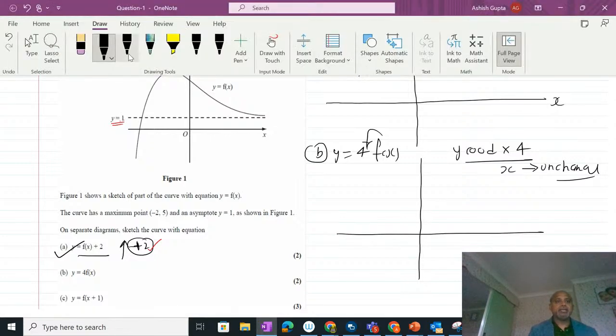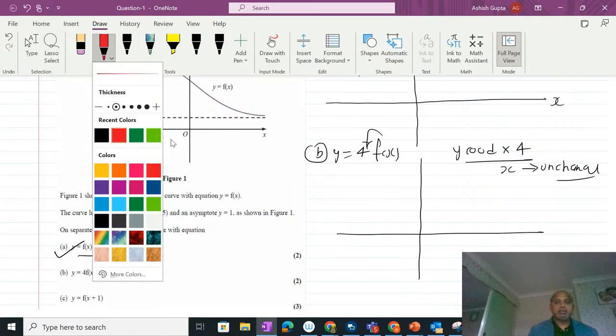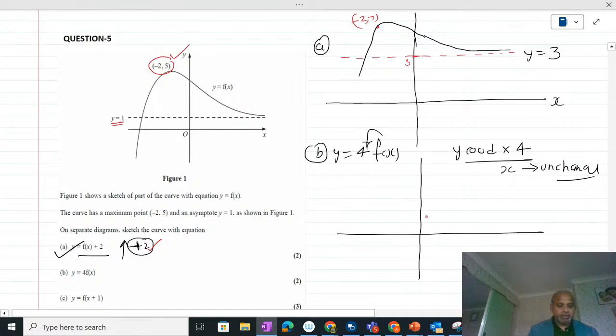This time, everything will remain the same. Now it is 4f(x), so the y coordinate is multiplied by 4. So it was 3. First you draw a line, the asymptote line. So this should be y equal to 4. And here the coordinate was minus 2 and 5.